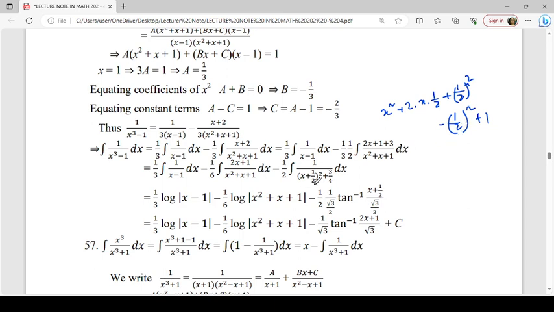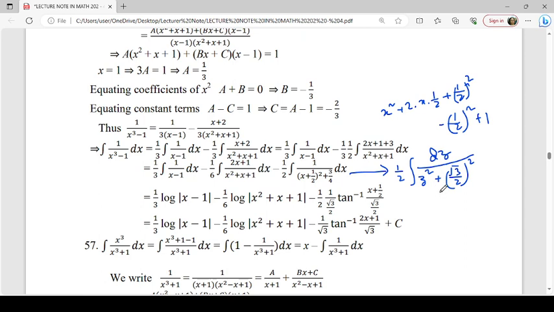So this is z square plus a square, where we substitute x plus half as z. So this is half integration of 1 by z square plus 3 by 4, that is root 3 by 2 whole square. Because the first degree coefficient is 1, we can directly write dz.